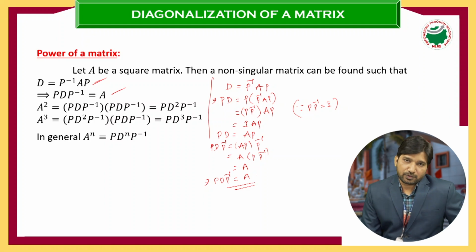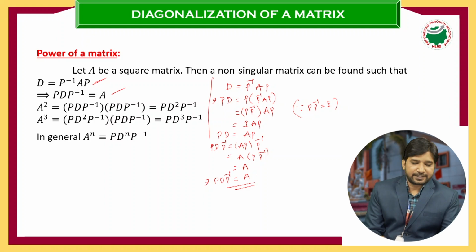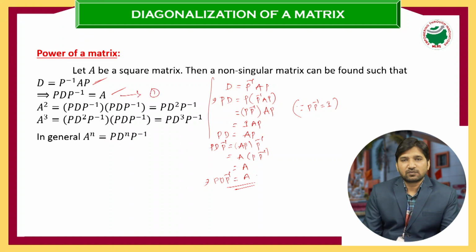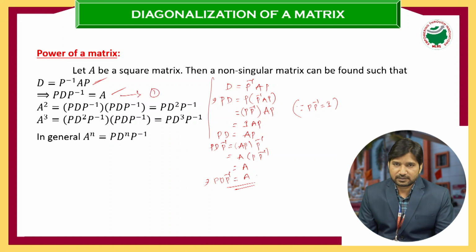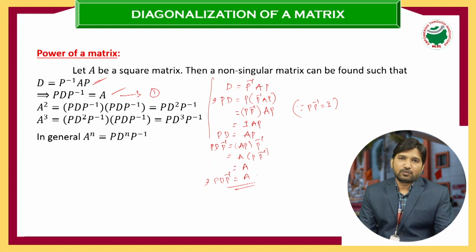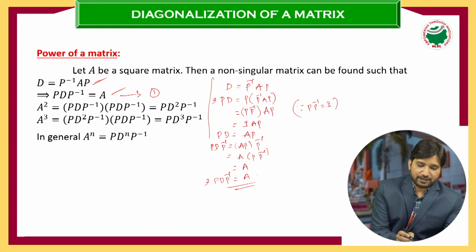Now find the power of the matrix. A equals PD P inverse. D is a diagonal matrix, P is the modal matrix, and P inverse is the inverse of the matrix P. Now we have to calculate A square.